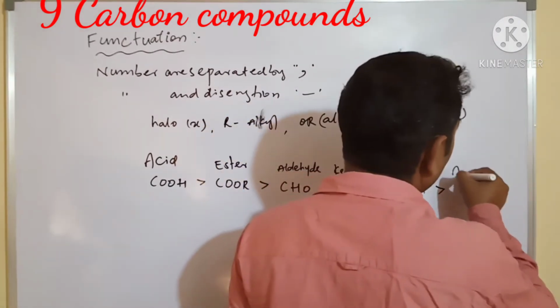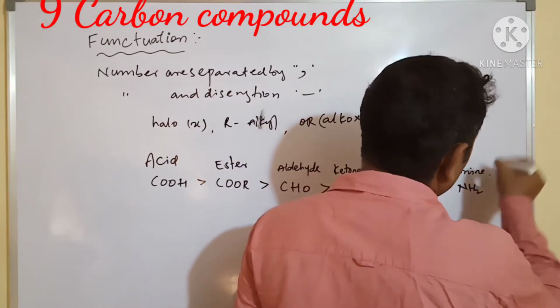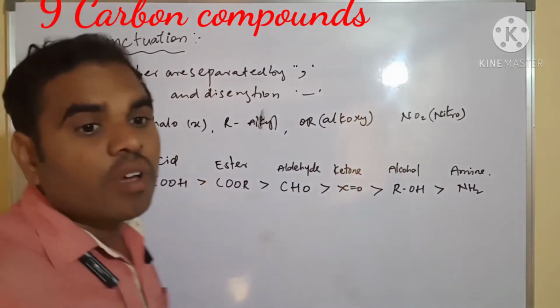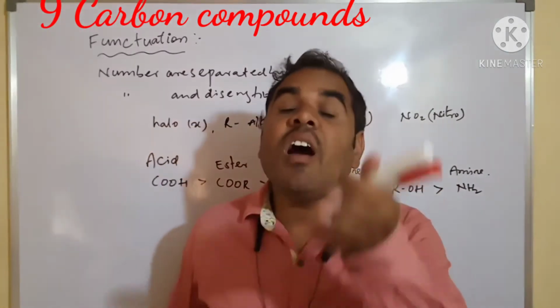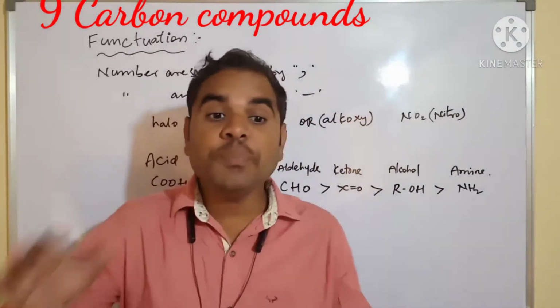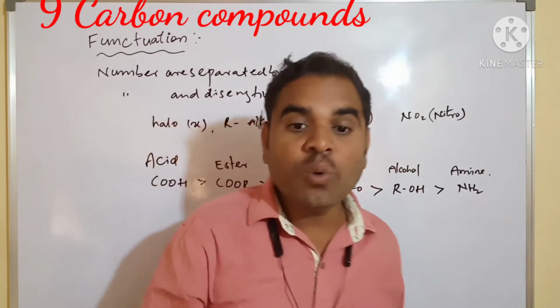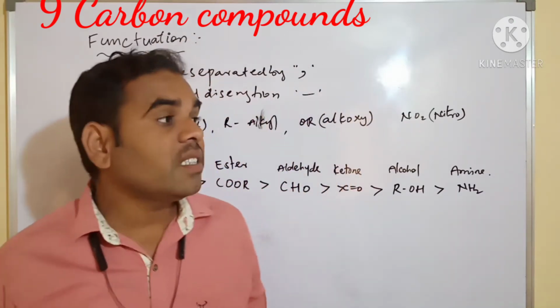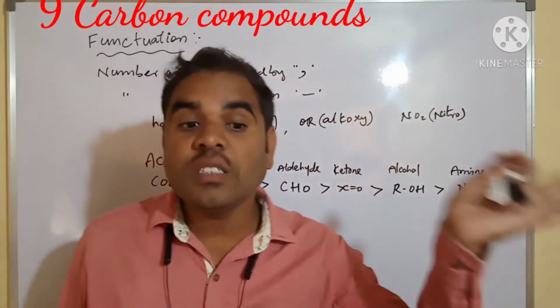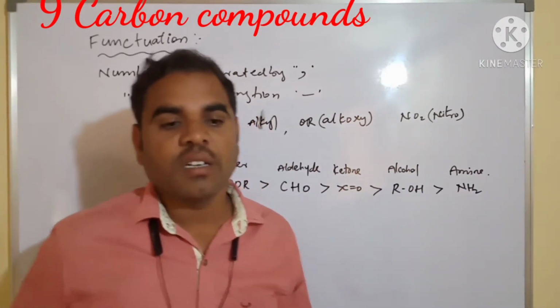Next, this is an amine. Okay. This is the decreasing order of priority for choosing and naming the principal characteristic group. This should be written as the secondary suffix. See, these all are secondary suffixes.